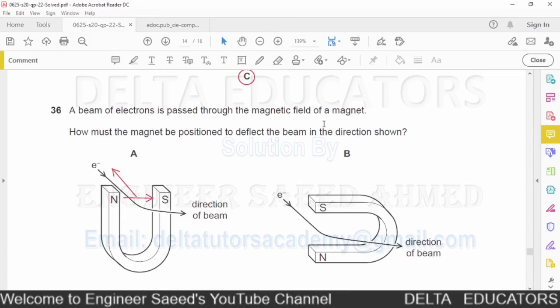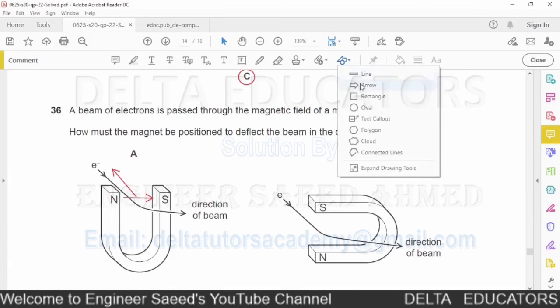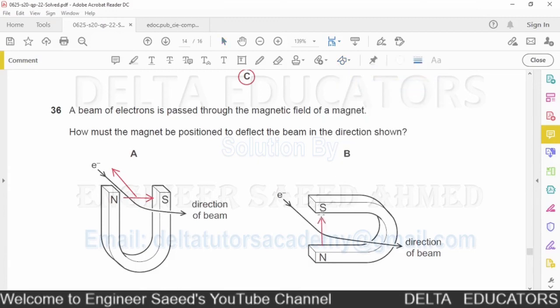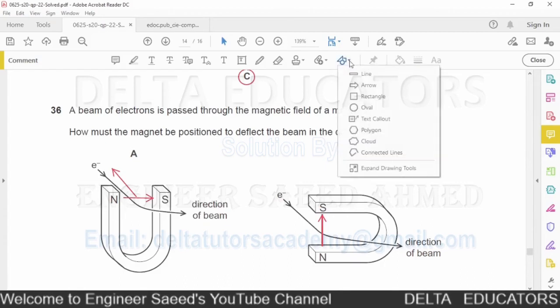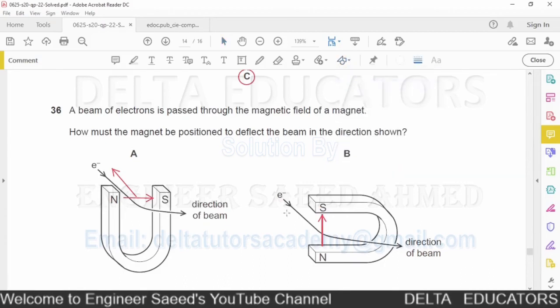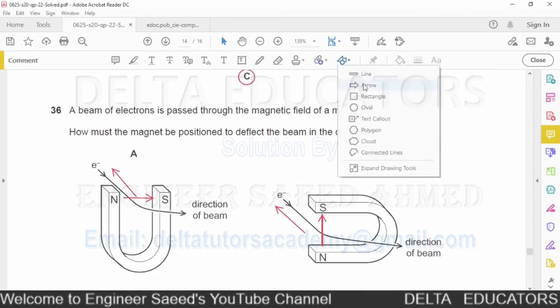In option B, the direction of the magnetic field will be from north towards south. Now the direction of the charges according to Fleming's left hand rule will be in this direction. Now if we check Fleming's left hand rule, the direction of the force will be in the same direction as shown here.